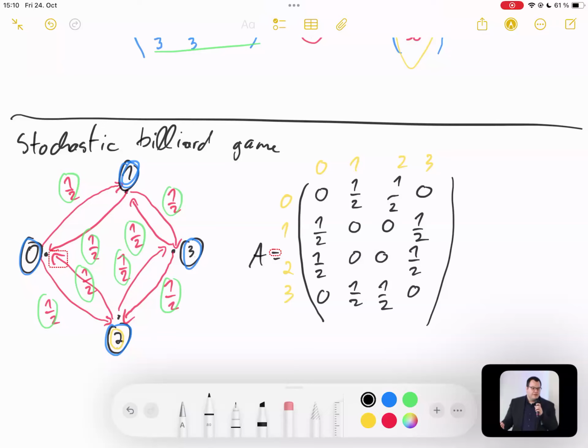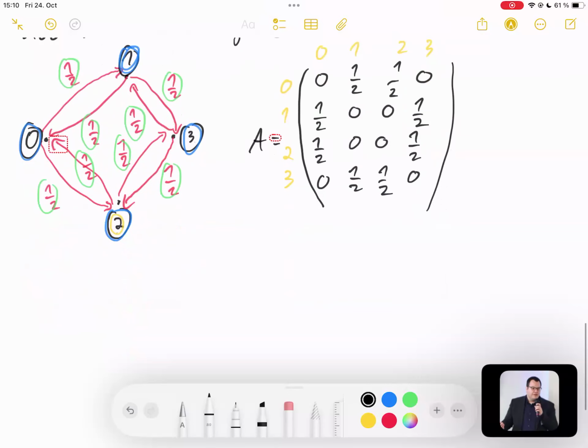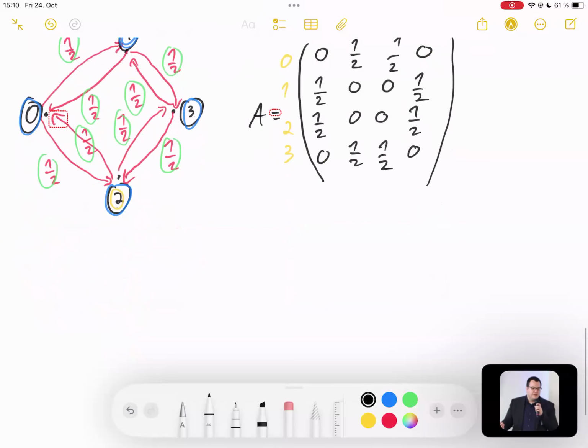Now we can test out some stuff, and we can start with the following start state, which we can call X. And in X, we say that the marble is at position 0. So we have a 1 and then all zeros. And now we will try to evolve this system.